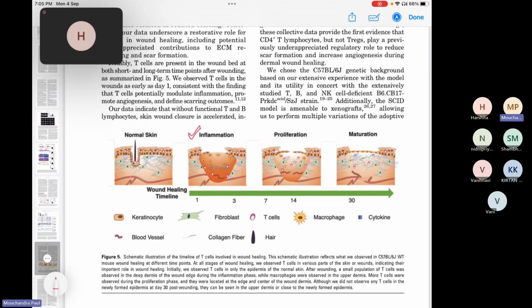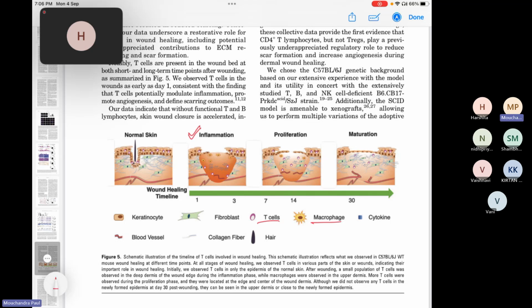And the inflammation phase begins, where immune cells like macrophages, T cells, and neutrophils arrive. Their job is to fight any foreign agents that might have entered your skin layer.